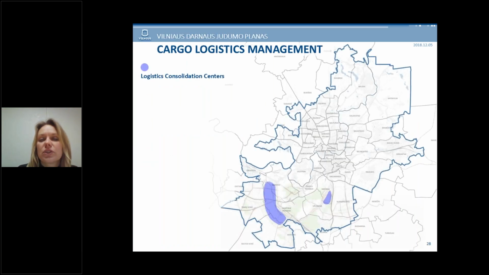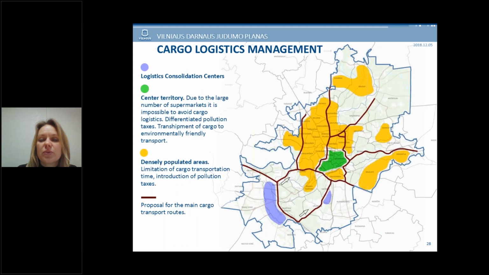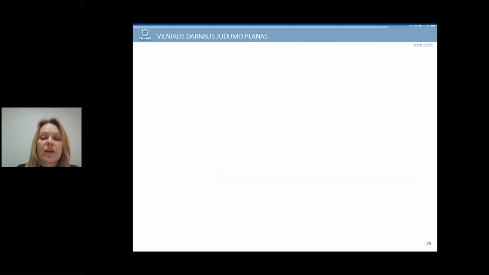I already mentioned that we suggested cargo management and some restrictions for residential areas, densely populated areas and the center, and how to consolidate logistics and proposals for cycling cargo, which by the way is already reality. We have cargo bikes delivering goods, in Vilnius even in winter time.